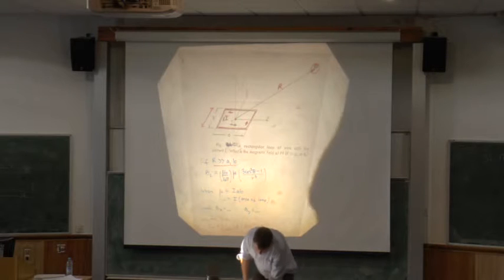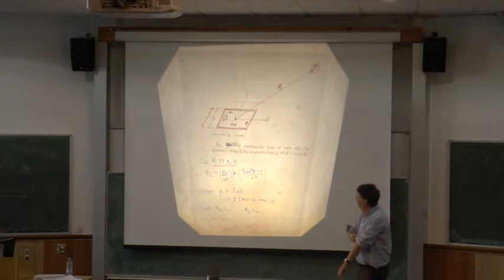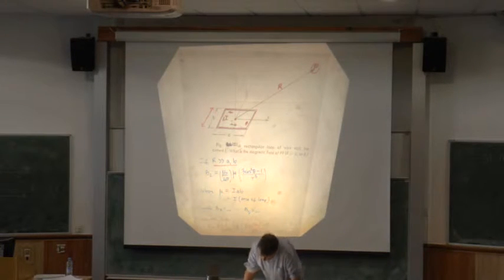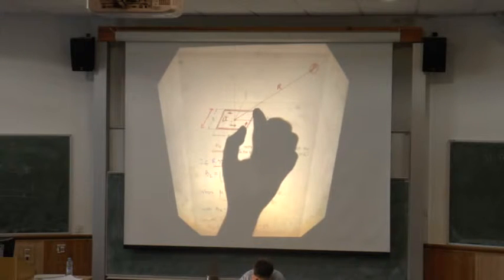The way that calculation is done, and with the limitations of going through calculations in this lecture theatre, I'm going to refer you to the VLE notes for the details, is that it's done by using the vector potential.